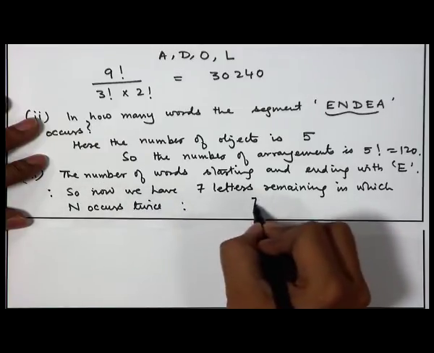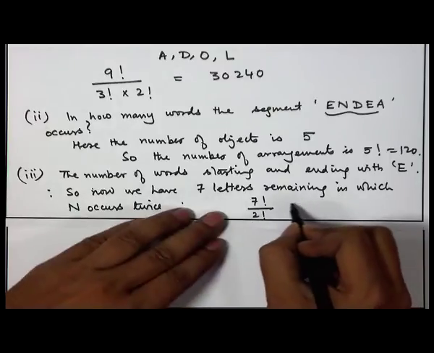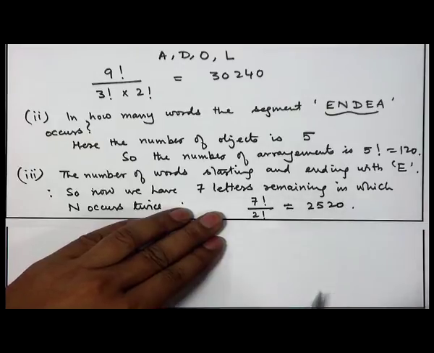So, the number of arrangements will become 7 factorial divided by 2 factorial, that is 2520.